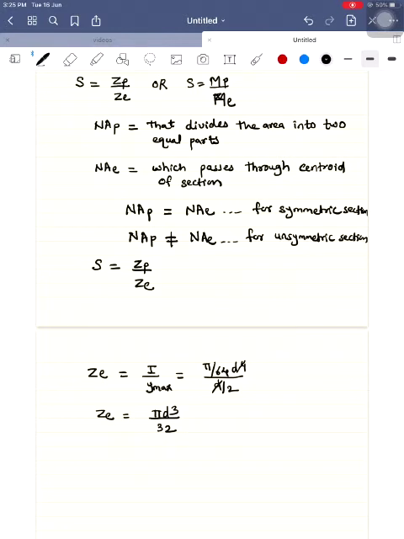Now we can find plastic sectional modulus.